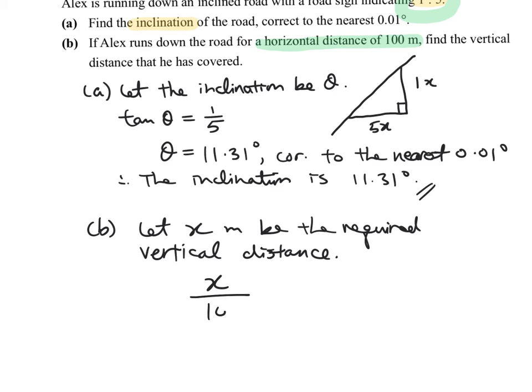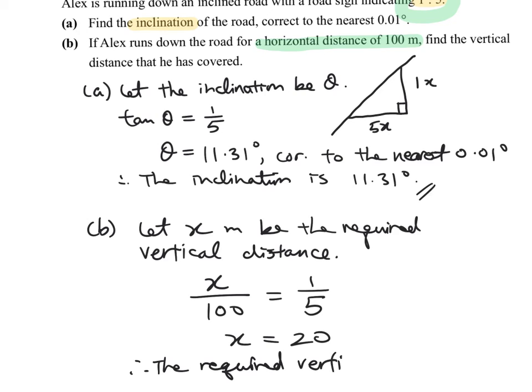So x over 100 will equal 1/5, since the gradient equals the gradient. Therefore, the required vertical distance is 20 meters.